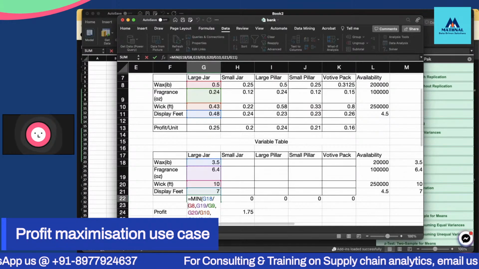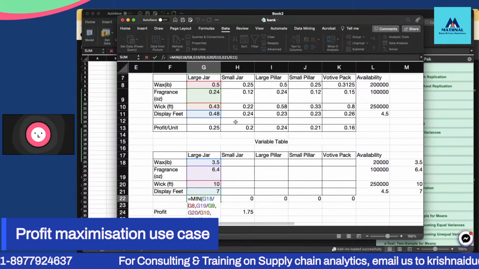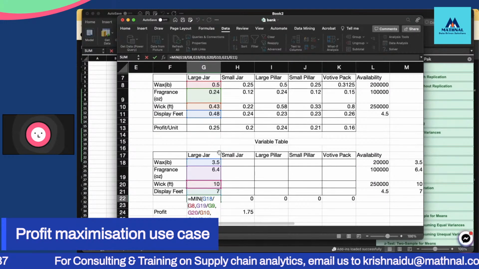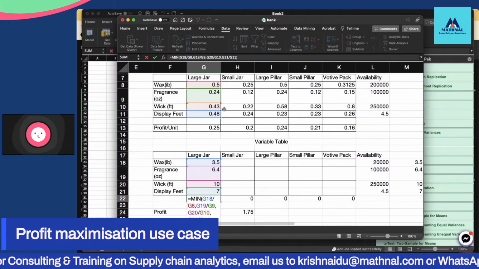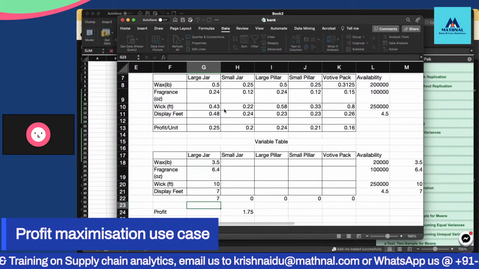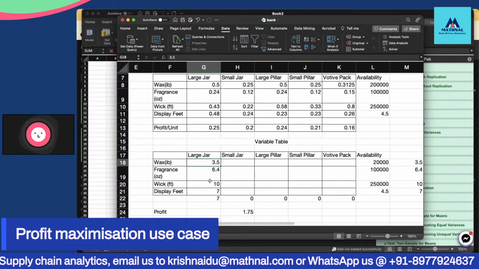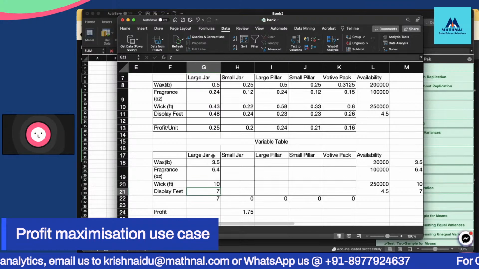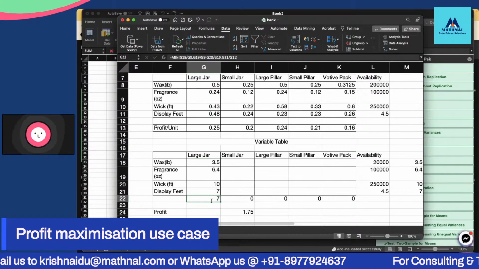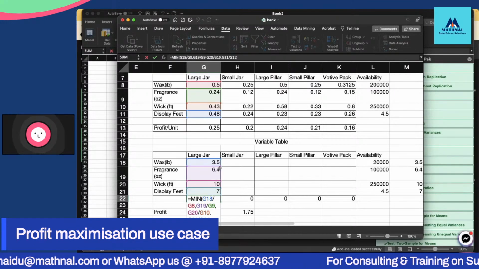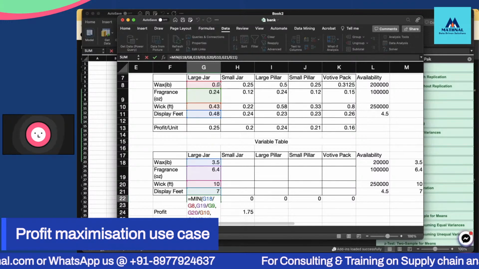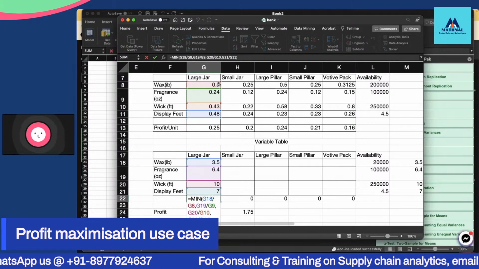So this is G21 by G11. G21 is 7, 7 divided by 0.48. So this is 3.5. How much can we produce? 3.5 by 0.5, so we can produce 7 units from here.